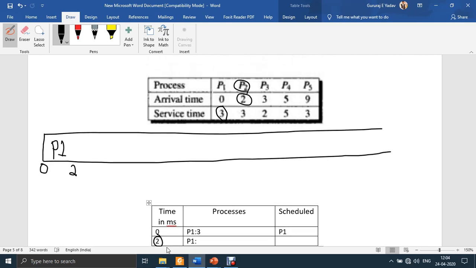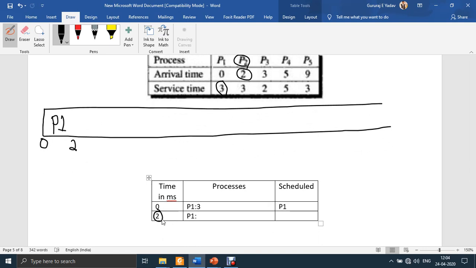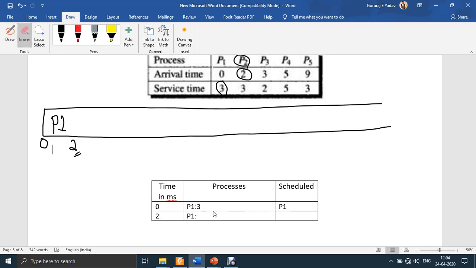P1 has not yet completed, because P1 will complete only at 3 milliseconds, not at 2 milliseconds. So at 2 milliseconds, still P1 is present in the system.